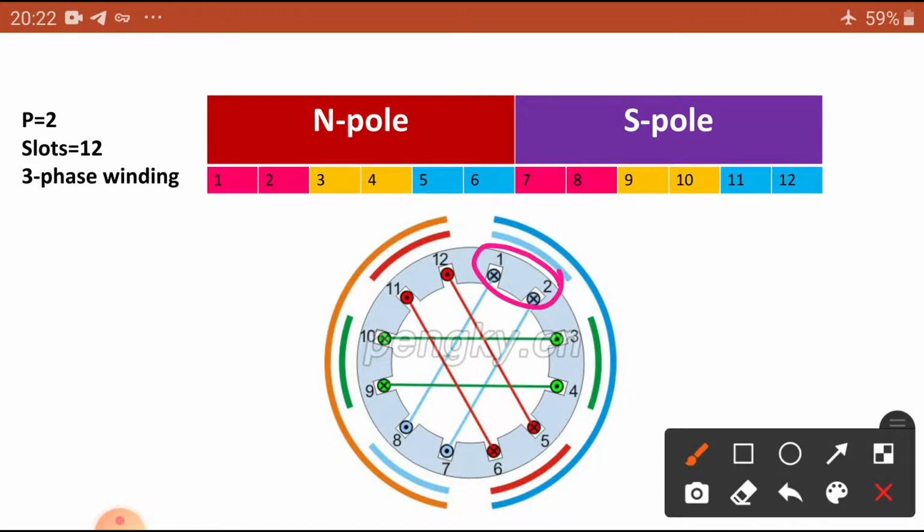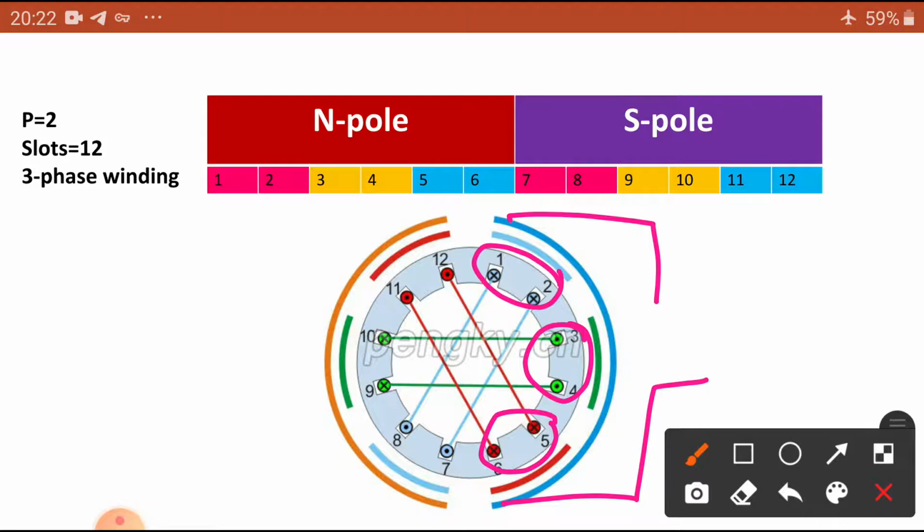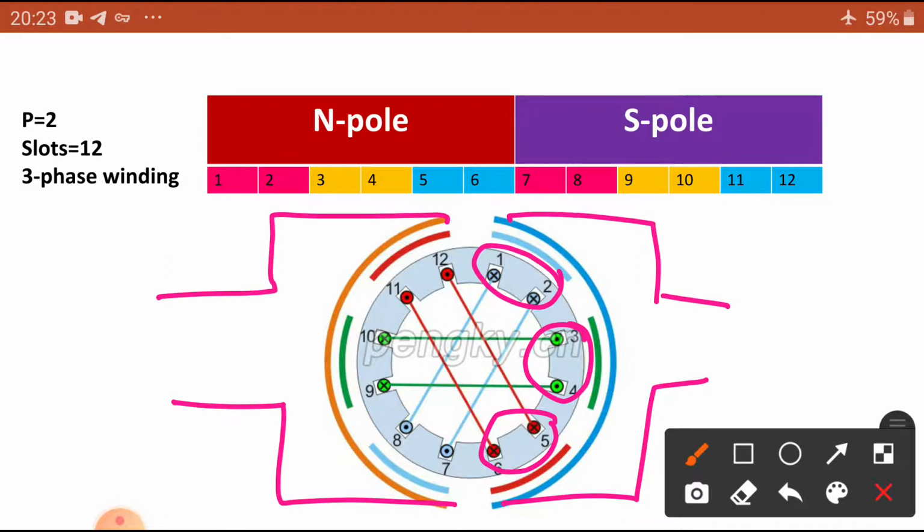This is 1 person, another person, another person, under the influence of this one pole and under the influence of this pole. So, 2 slots, 2 slots, 2 slots, we connected in such a way. This is the distribution of our coils in the slots.